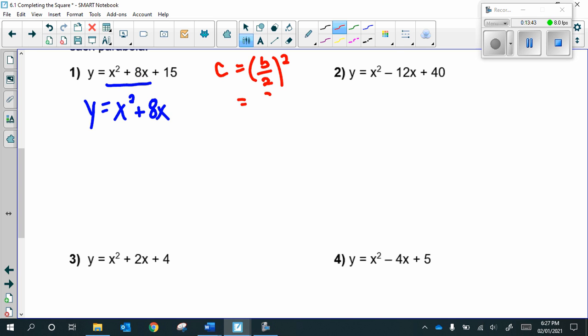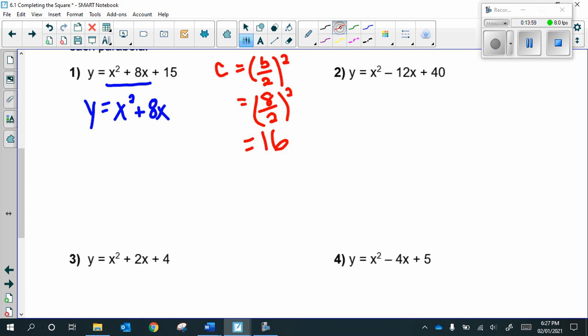So my b value is 8. I'm going to divide it by 2, and I'm going to square it. So 8 divided by 2 is 4. 4 squared is 16. So I know if my c value is 16, I'm going to have a perfect square.